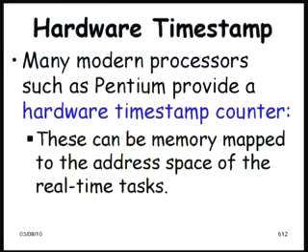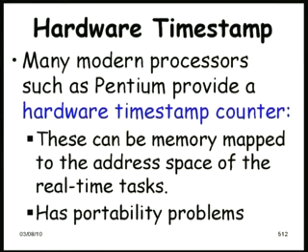The other problem with the hardware timestamp is that it has a portability problem, because you are directly using the hardware, it is memory mapped. If there is any change in the configuration, or you use a different processor, all your applications need to change, right. So this has a problem. Unless the application requires it, do not use the hardware timestamp, and this is also not supported by many of the operating systems.